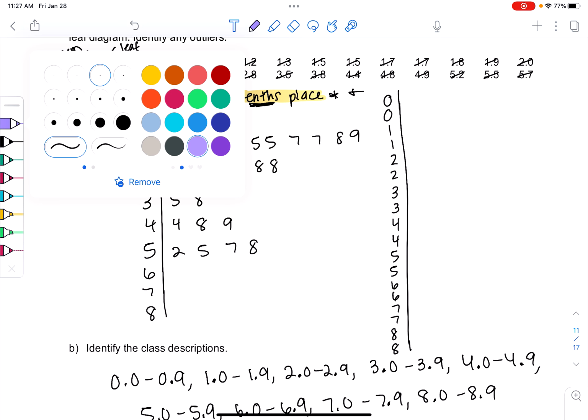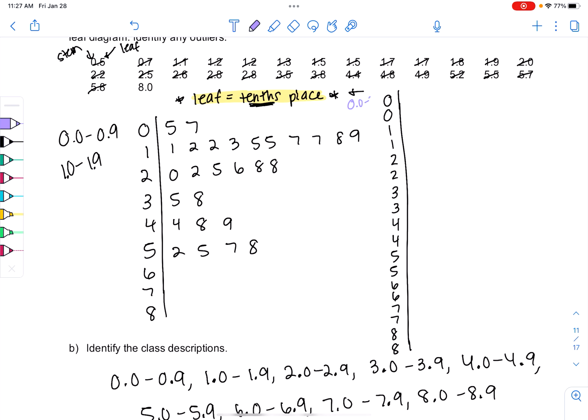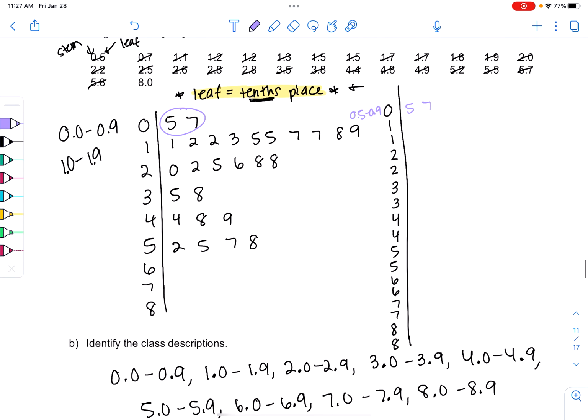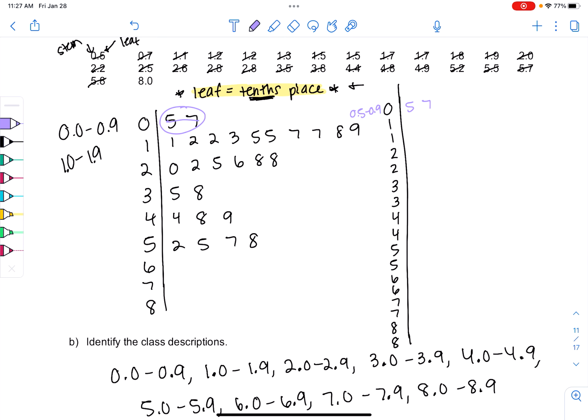So the first row would be 0.0 to 0.4 and then 0.5 to 0.9. So we only have 0.5 and above, so we actually are going to erase the first row, because remember, we don't want empty at the beginning or end. So the only numbers we have for the first row are 5 and 7 from right here. And then ones we're going to split up just like before, same rule.